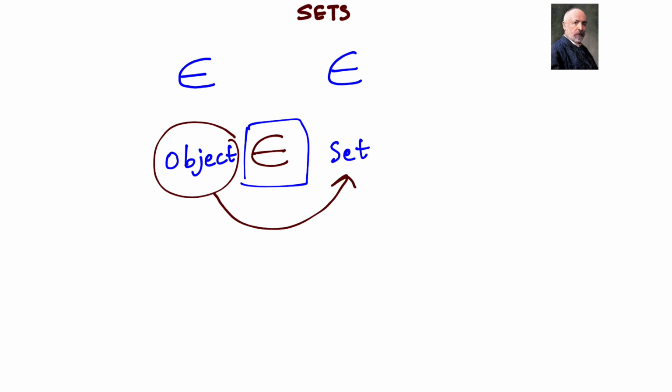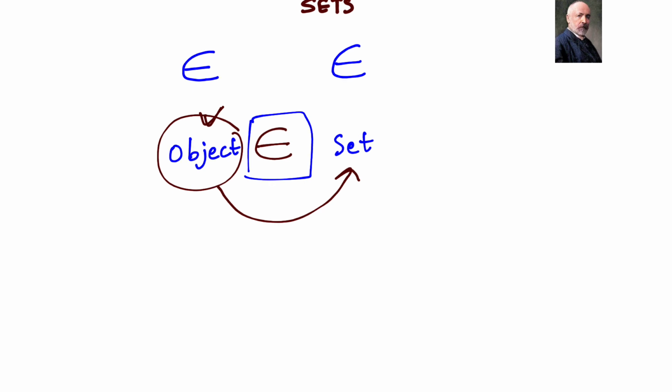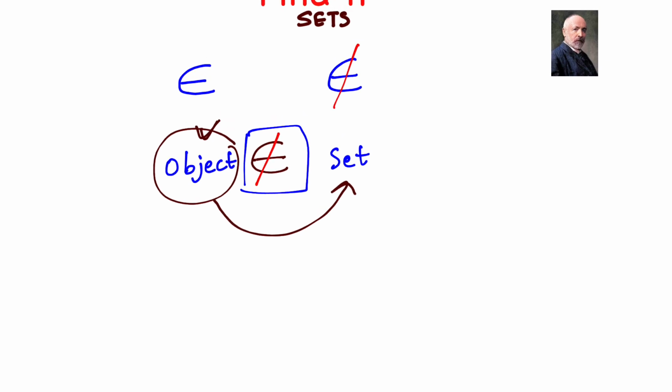And if this object is not a member of the set, it doesn't belong to that set, then the notation becomes something like this. We write epsilon, but we cross it. So this sign is called belongs to, or is in, is a member of, and this sign is doesn't belong to, is not in.